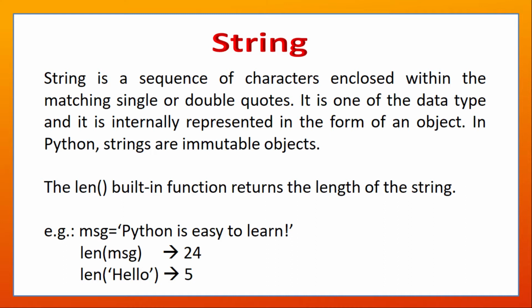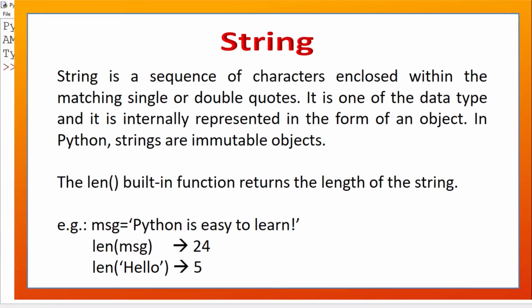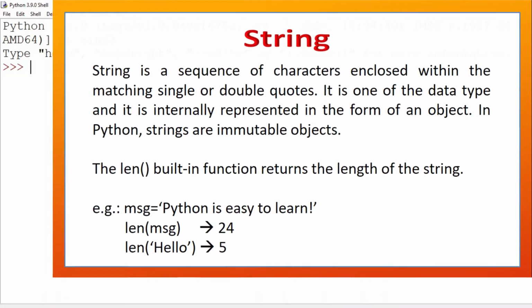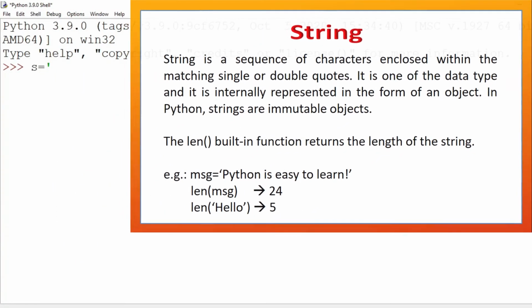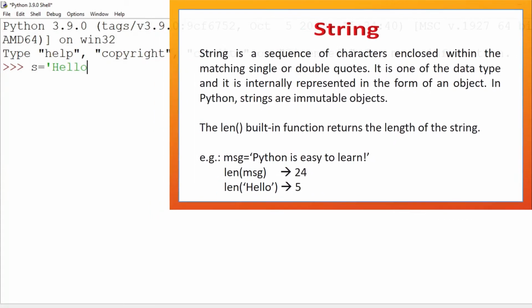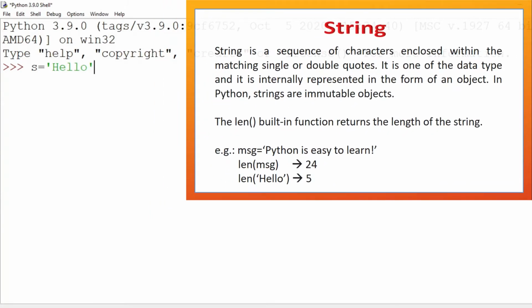In Python, strings are immutable objects. It means the value of an object cannot be changed. We can check this by using the id function, which returns the memory address of an object. For example, s = "hello", id of s returns the memory address of the object s.